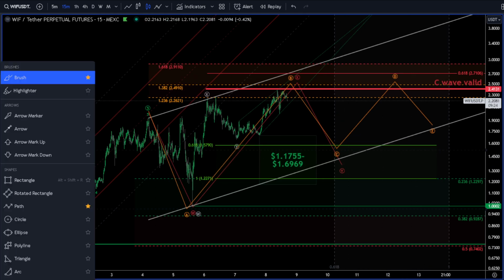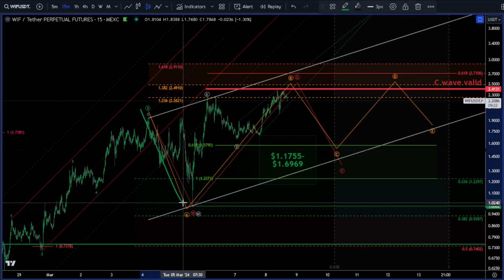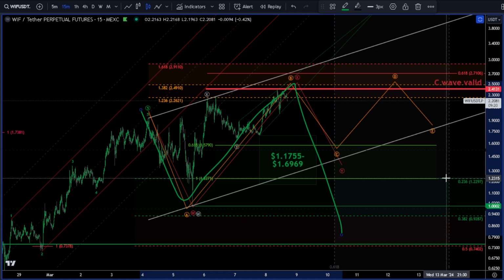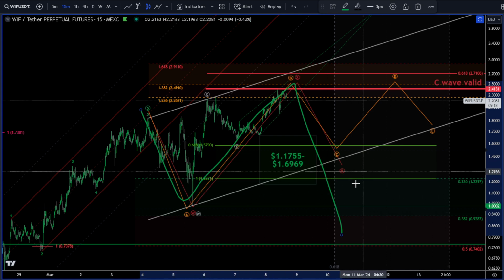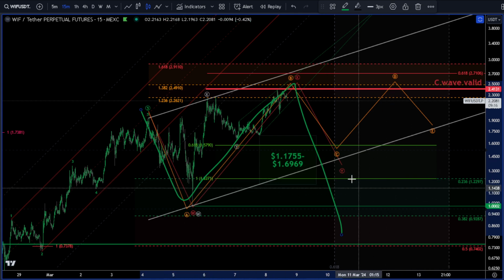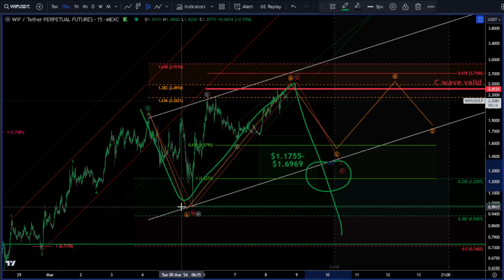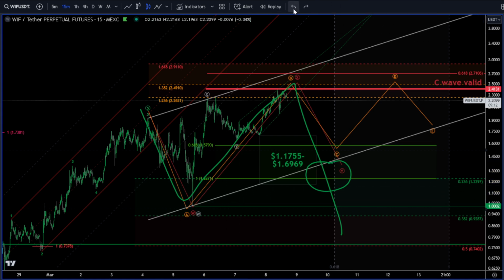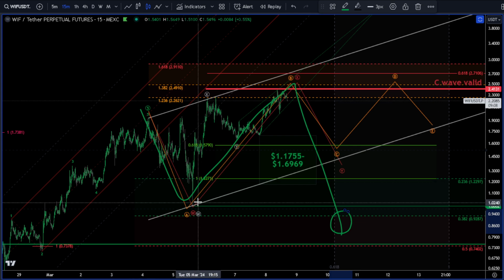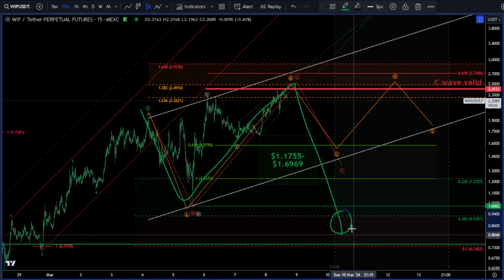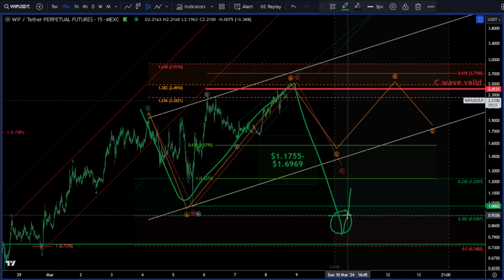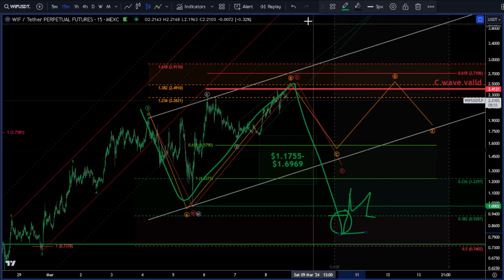There is one more I know you guys are aware of, and that is an expanded flat. On that scenario, I will get stopped out on this Y or C wave with the stop at this level. And in those scenarios, I watch at the 1.618 extension area, because I want to see a V bottom, reclaim some resistance, and potentially buy into a wave 2 with the stop at the low.